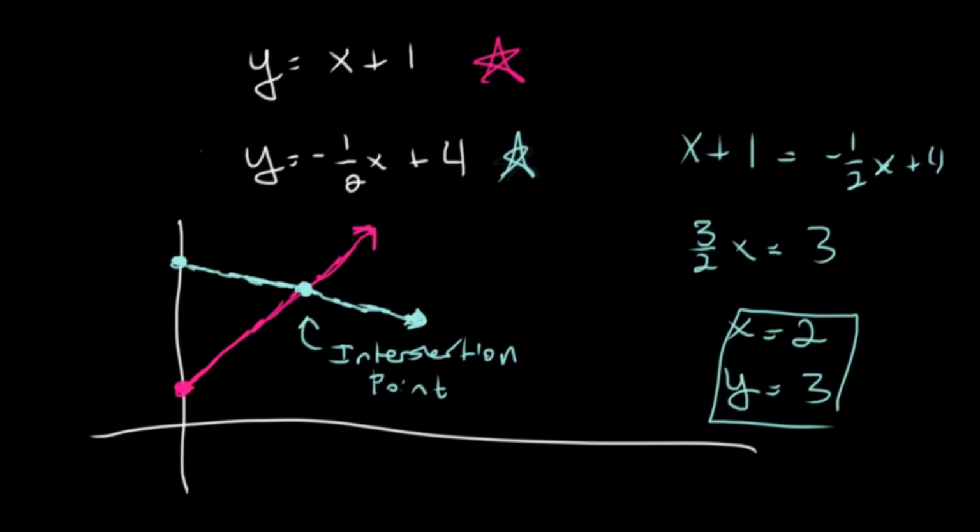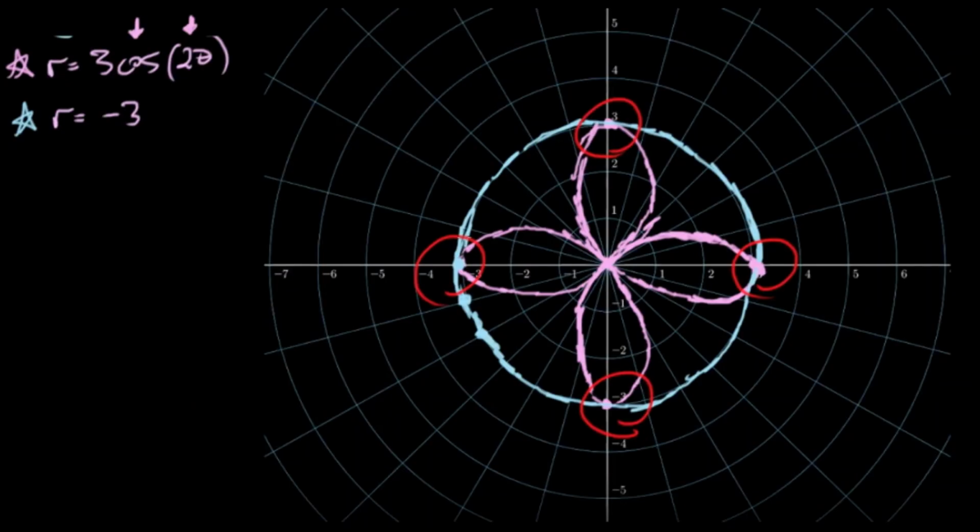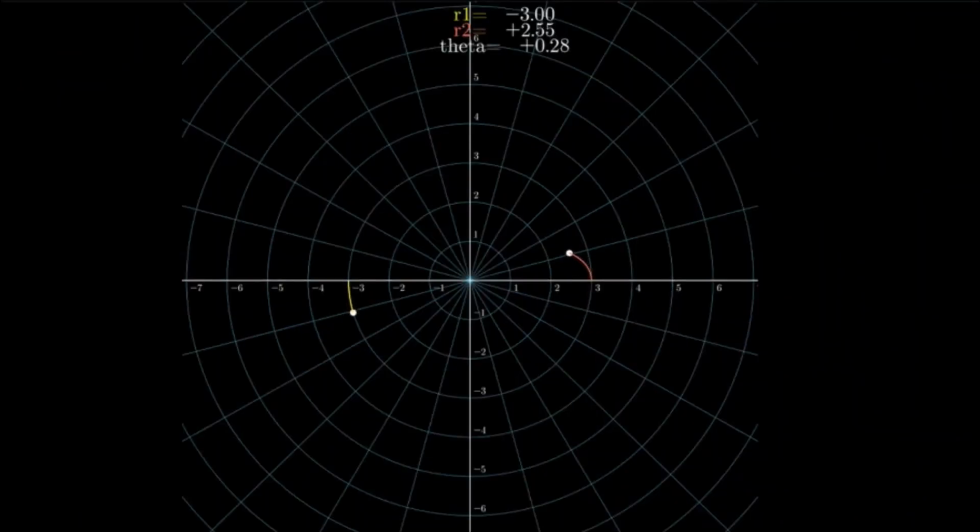But that's not the case in polar. Michael Eiley has put together an amazing animation that I think exemplifies this really well. So let's go ahead and look at that. We are looking for when these 2 curves intersect each other, not just graphically, but at the same time, at the same theta value. There, pi over 2 is a solution, but 0 and now pi are not.